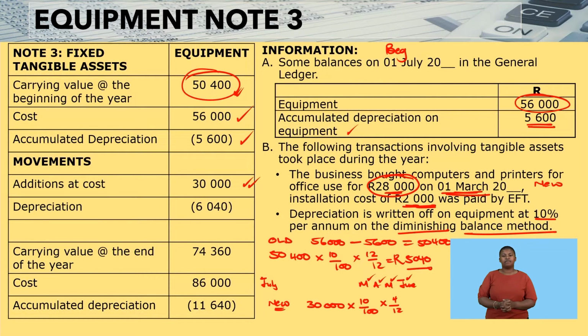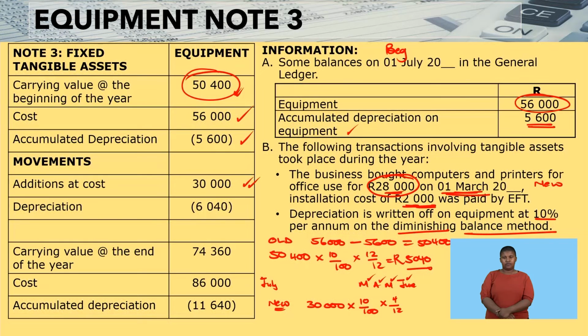Now, grab your calculator. You should be able to say 30,000, punch that in your calculator, multiply that by 10%, and then you multiply that by 4 over 12. That will give you 1,000.